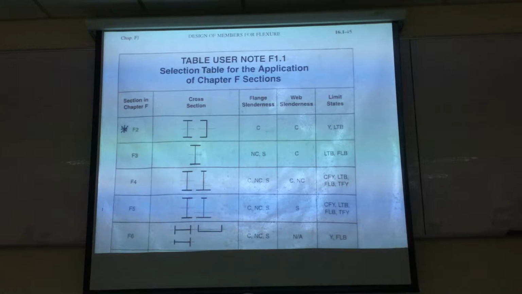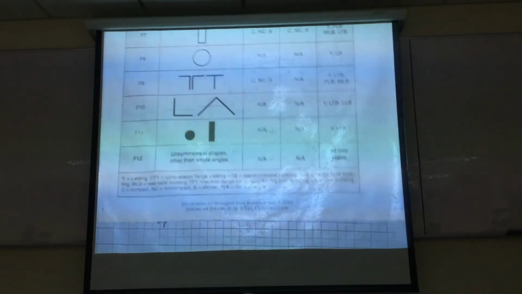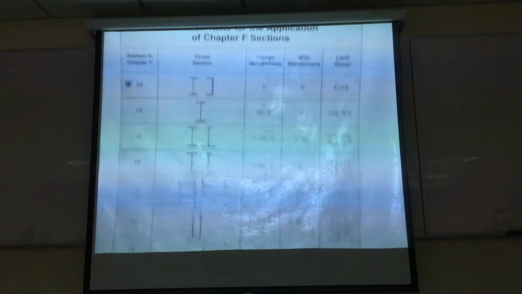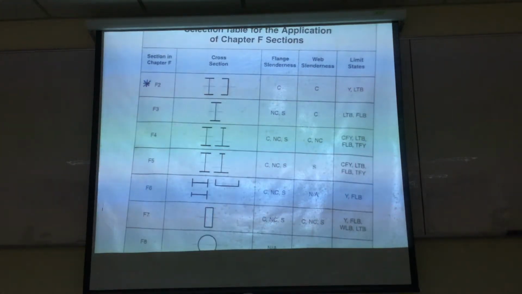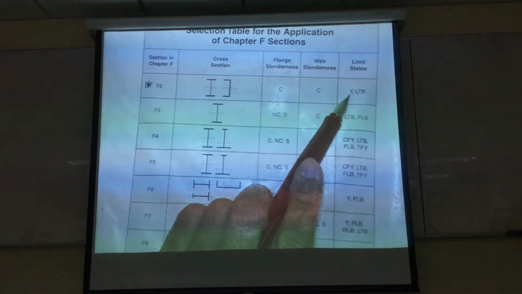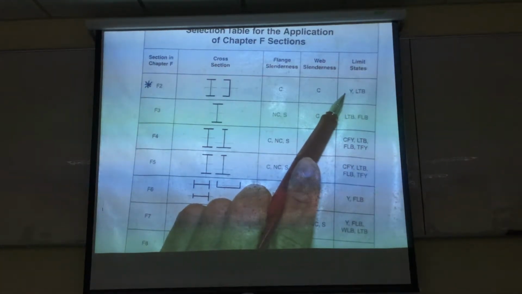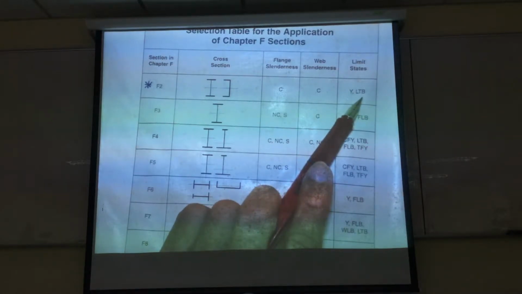Anyhow, all right. There are actually many cross sections, many types, that are available for the design. The design standard provided by AISC covers all these things. So for limit states, we have yielding, which means the plastic moment development, and also lateral torsional buckling.